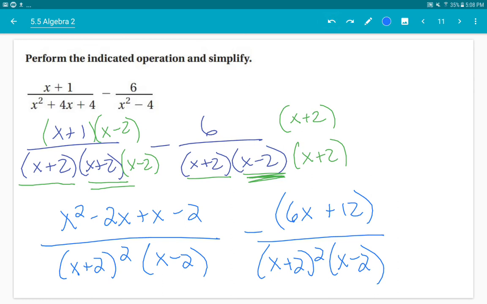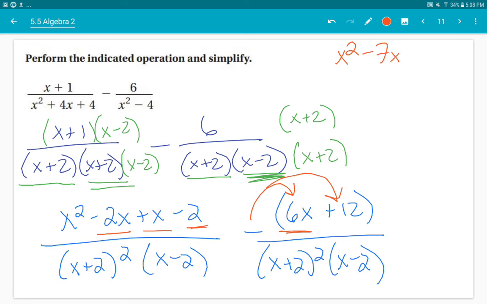Now we need to combine like terms in the numerator. So we're going to subtract. Now, again, with subtraction, it's always tricky. Make sure we change the sign of these two terms when we're subtracting. So x squared does not combine with anything, so I'm going to have x squared. Then I have negative 2x plus x is negative x, minus a 6x, so that's going to give me negative 7x.